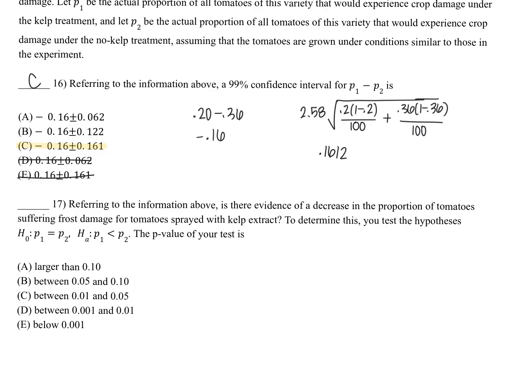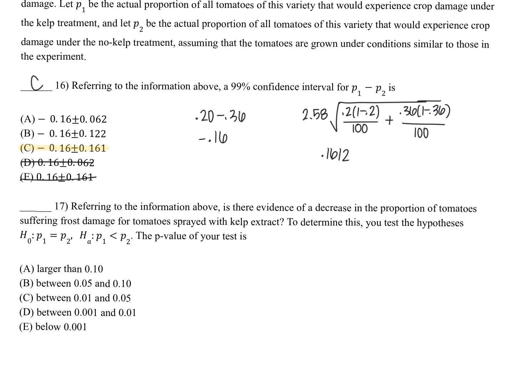First I need to find my test statistic, which means I need my pooled proportion. So we're going to do 20 plus 36 over 100 plus 100, which is 56 over 200, which is 0.28.